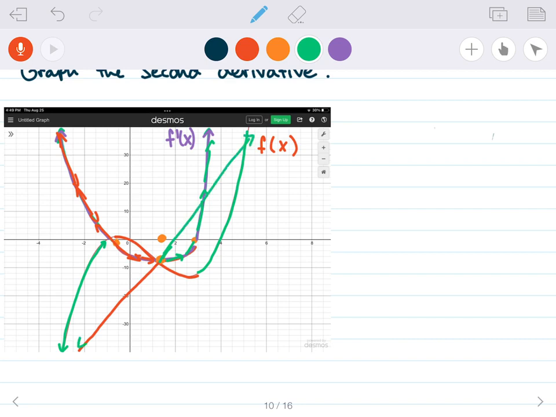And so it kind of looks like a straight line here. Maybe I'll trace this out in yellow. So it should look something like this. This is our f double prime of x in yellow.